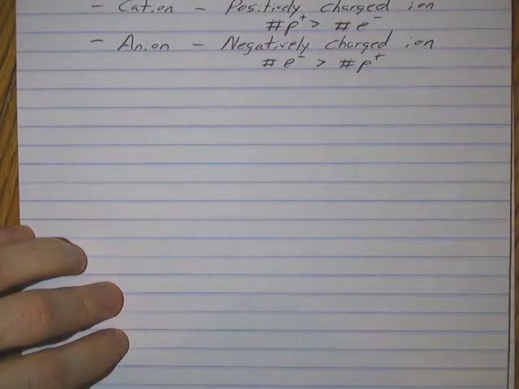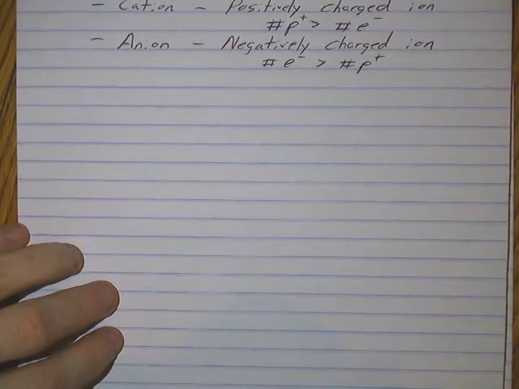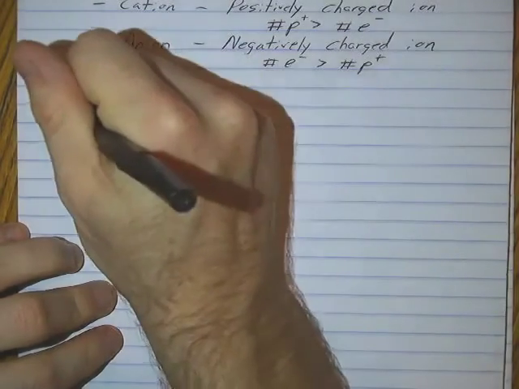So one of the features that you'll notice with most ions is that the valence shell of an ion is usually either full or empty.